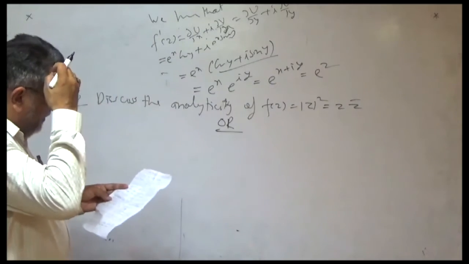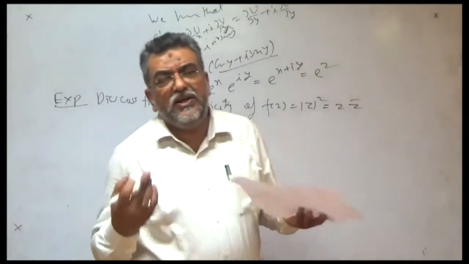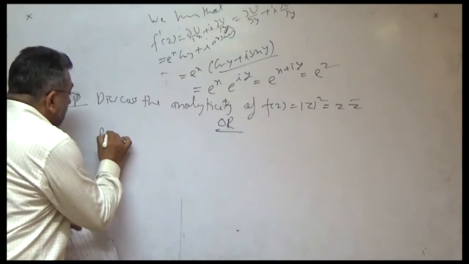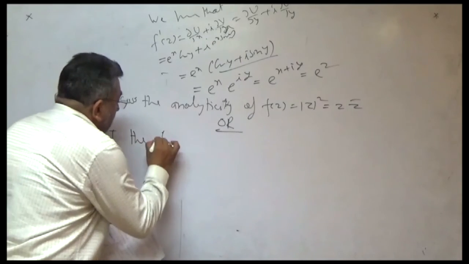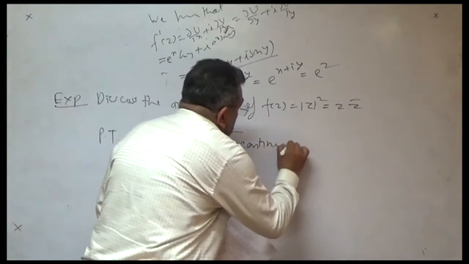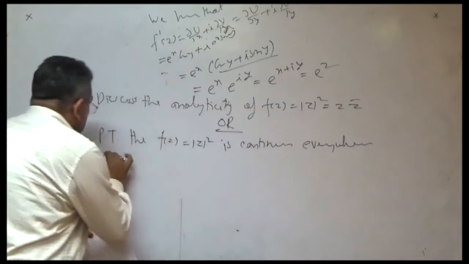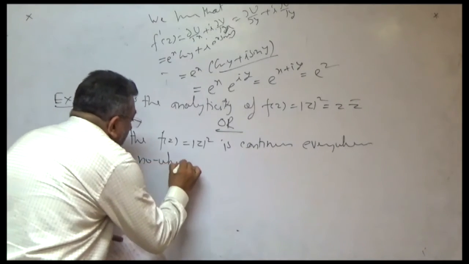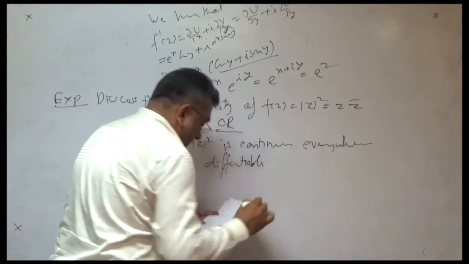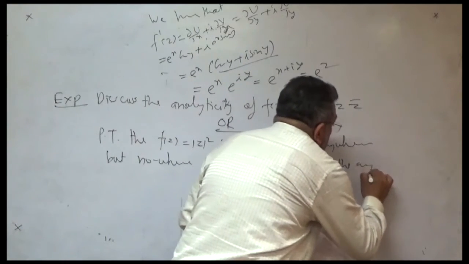Another statement of this question, which is a very important statement in semester examinations, is stated this way: prove that the function f(z) equal to mod z square is continuous everywhere, but nowhere differentiable except at the origin.